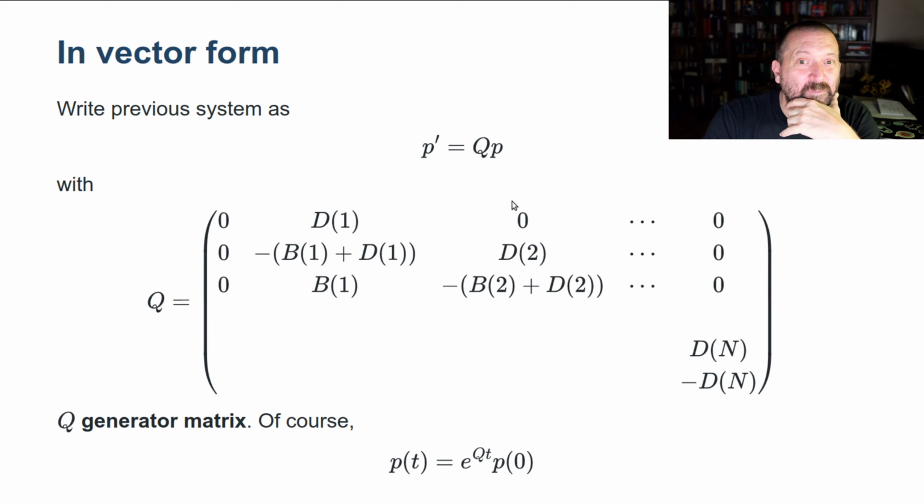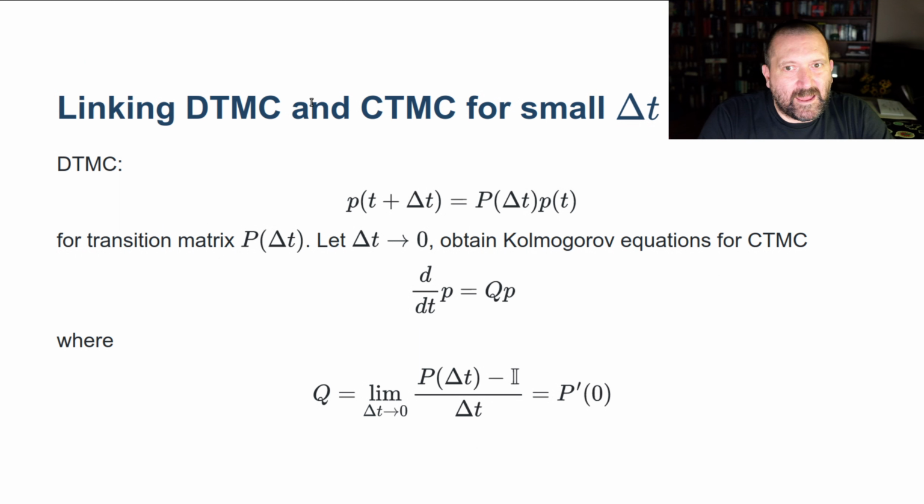The previous system you can write in the following form. What's nice is that you can then compute the evolution of the state, as given by your forward Kolmogorov equation, using the matrix exponential of the matrix Q. There is also a link between discrete time and continuous time Markov chains when you make delta t small.